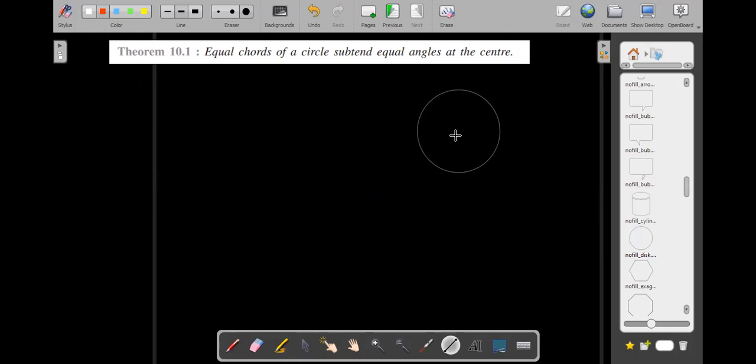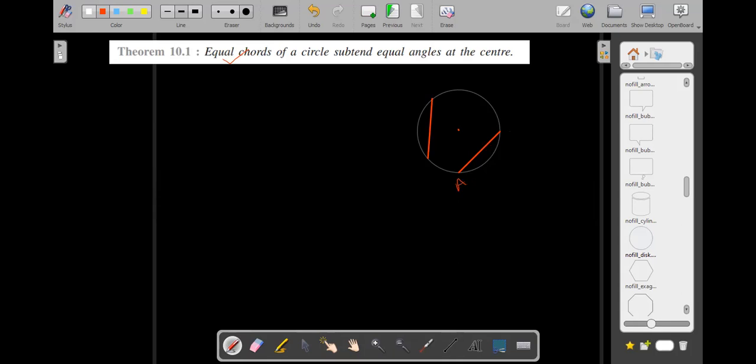This is the center, suppose, and this is a given equal chord, and another equal chord you can take anywhere, but these are two equal chords as given in the question.